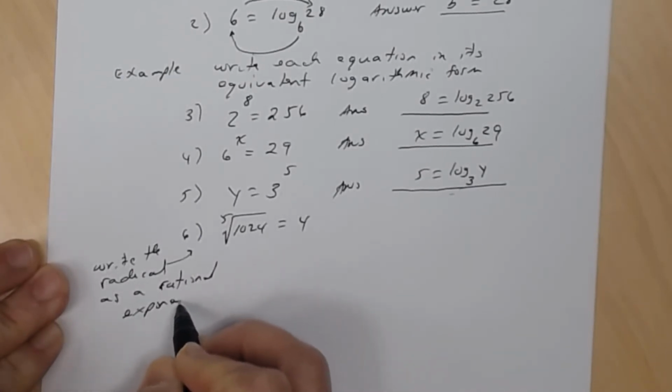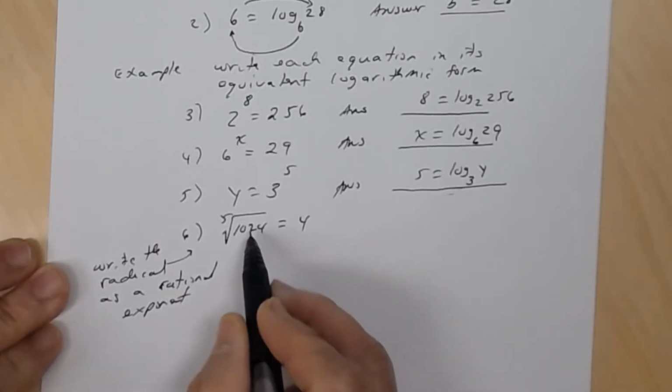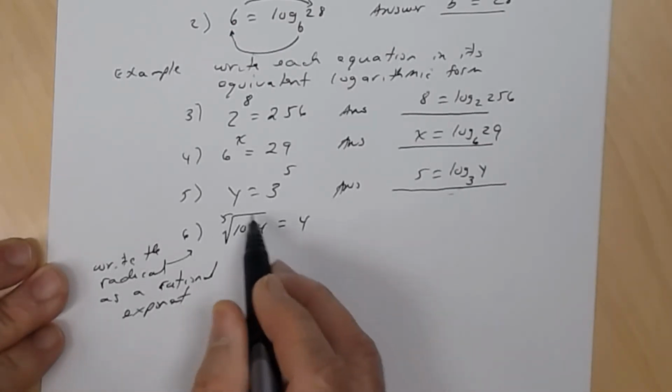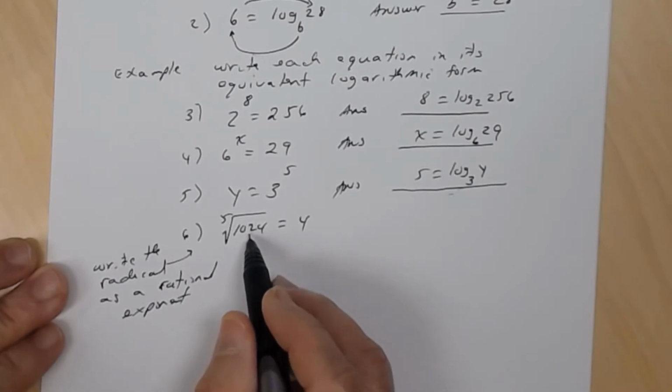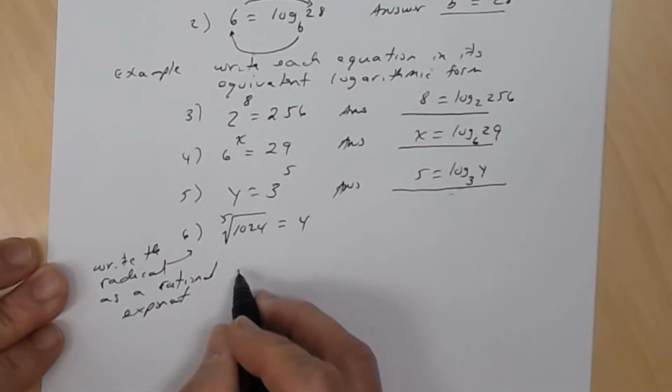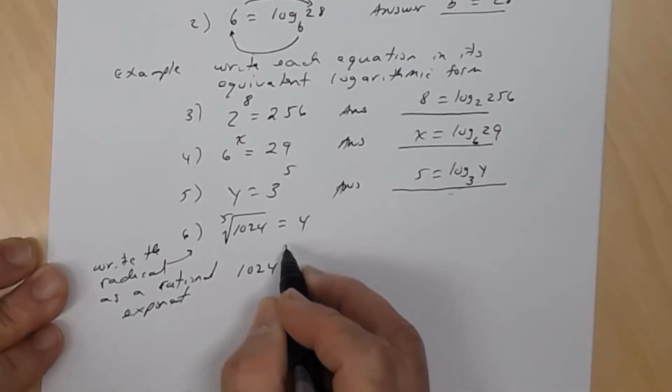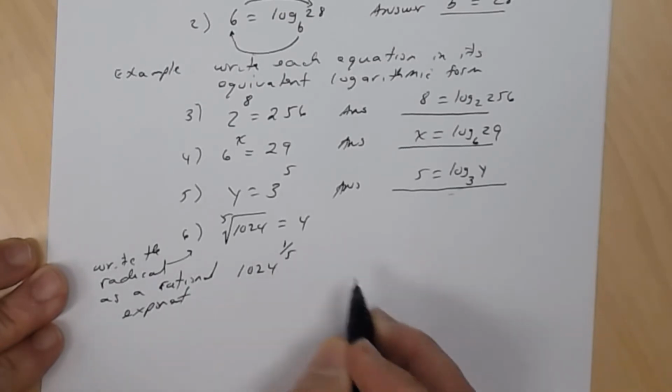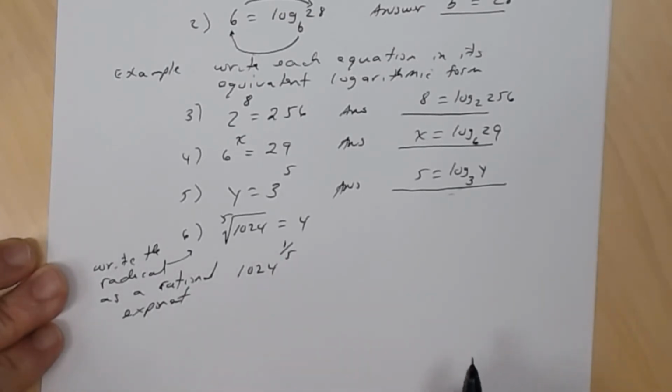That was from 2 courses ago. Basically you're saying the 5th root of 1024 means the same thing as 1024 raised to the 1/5 power. So this and this are the same thing.